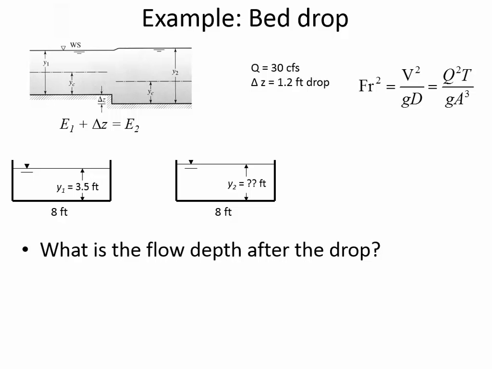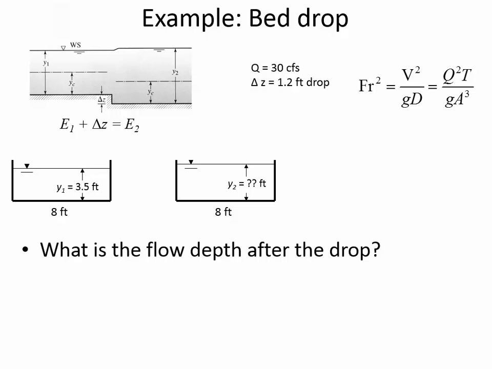So let me combine things around a little bit. What I have is 4.718 feet is equal to y2 plus 0.2184 over y2 squared. Okay, and then that rearranges into y2 cubed.